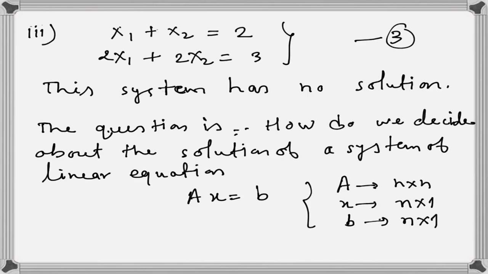Okay, so how do we decide it? There are some conditions which are given in terms of the rank of a matrix. That decides whether the system has a unique solution, infinitely many solutions, or no solution.